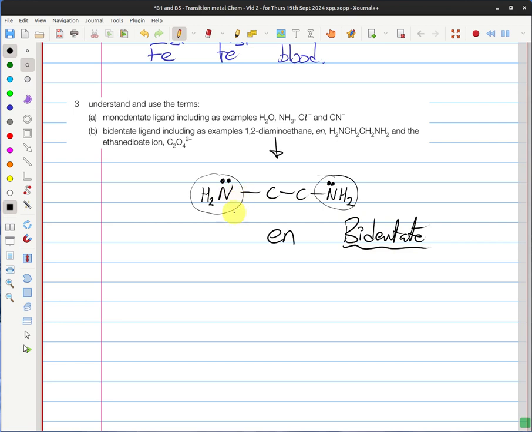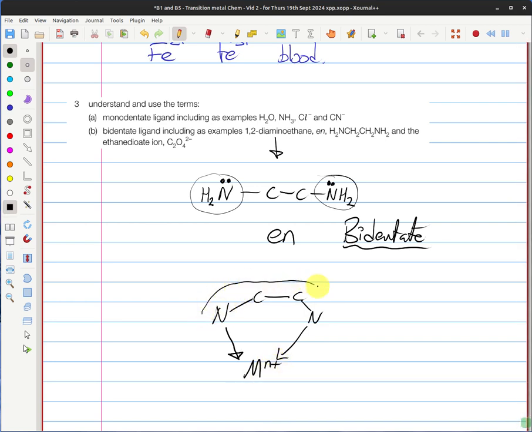Okay, so this is bidentate. It can make two bonds to a metal. The molecule is flexible enough for it to bend around and allow it to make a bond on either side of the metal ion.